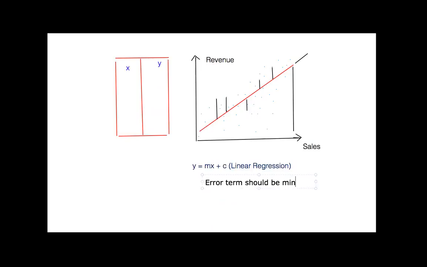Fine, so that is the error term. You have a linear line. Now, what can you do from this? How will it be helpful if you are taking such a huge effort? How will you benefit? Now, see the line. Let's not make it revenue.